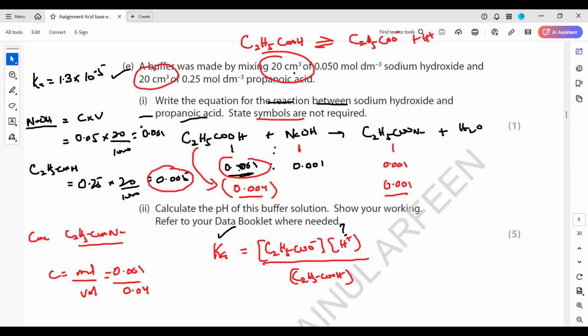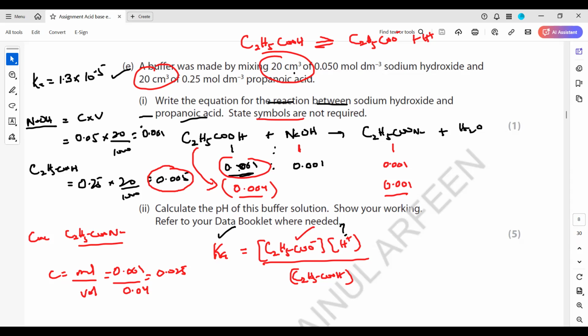What is the answer here? So if we have 0.001, which is divided by 0.04, so we got a concentration which is 0.025. So this is we got the concentration which is 0.025.